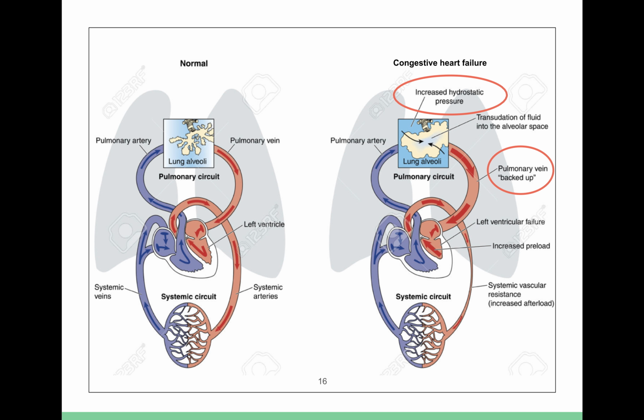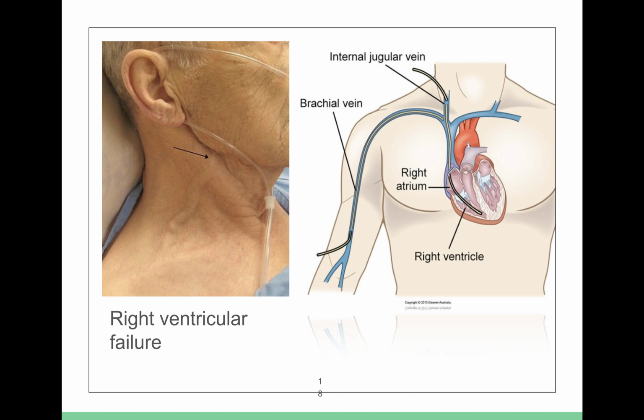But we know that if there's an increased hydrostatic pressure, that is the pressure that drives fluid out of the blood vessels. So as a result, his left ventricle failure would lead to more fluid accumulating in the pulmonary system, in the interstitial space.